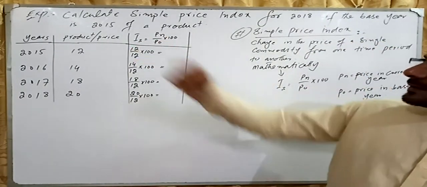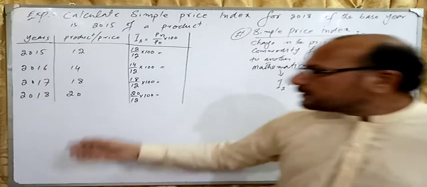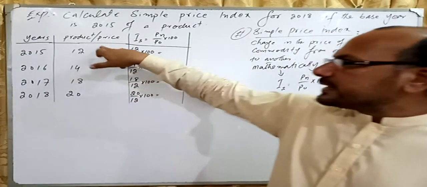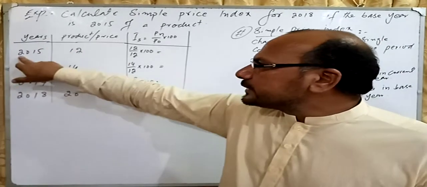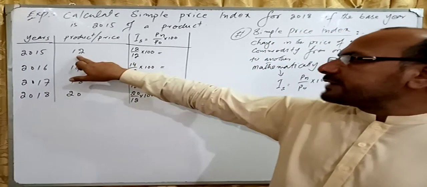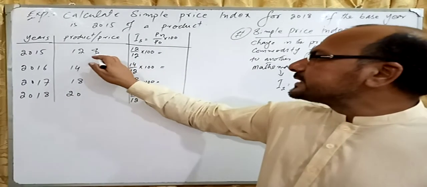So here we have an example in which we have years as well as the prices of a product. Suppose in 2015 the product has a price of 12, let's say dollars.